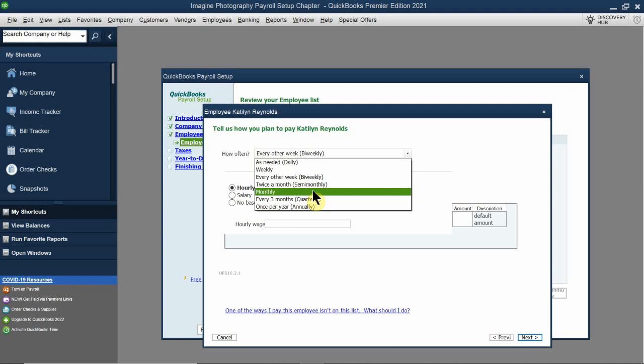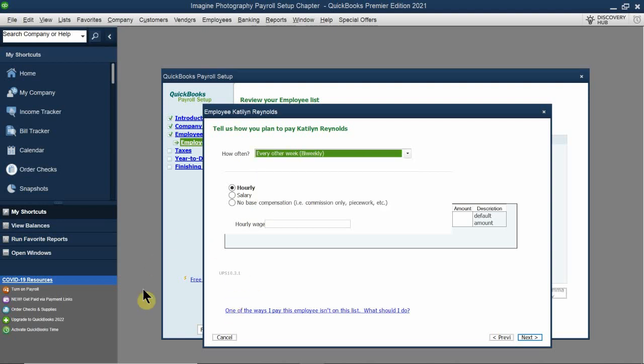Usually salary-based earnings are semi-monthly, and regular hourly workers get paid every 2 weeks. That's just what it usually is. But in this case, she is going to get paid bi-weekly, so every other week.